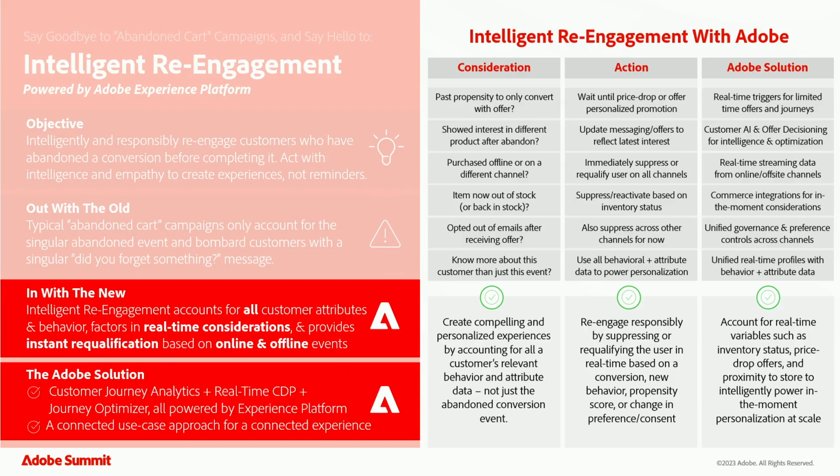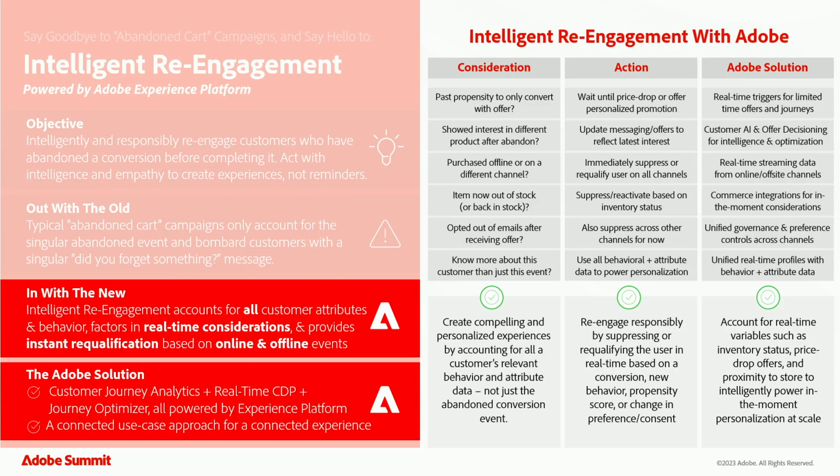This one is really important. What if someone abandoned something in a cart, but there were real-time behavioral signals right after that showed they actually started expressing interest in a different category or a different product? Ensuring that requalification happens to update messaging and marketing to actually resonate with what they're looking at now, not what they already decided not to convert on.